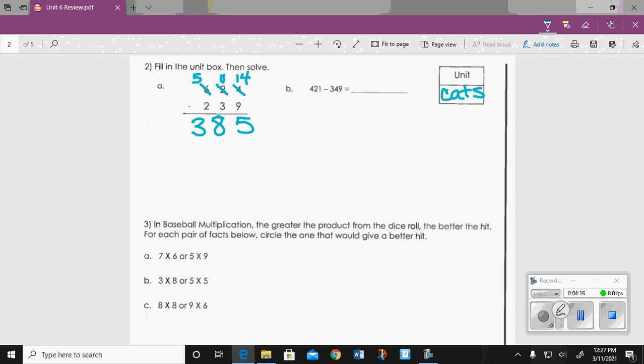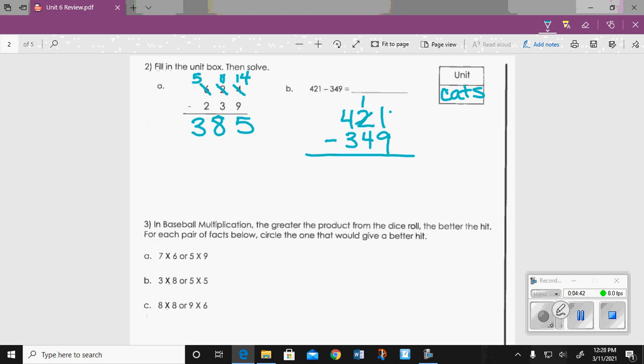My next one is 421 minus 349. I would recommend that you set this up this way so that you can work your problem. So if I only have 1 one, I can't take 9 away, so I'm going to trade with the 10s. I'm going to make that a 1 ten.